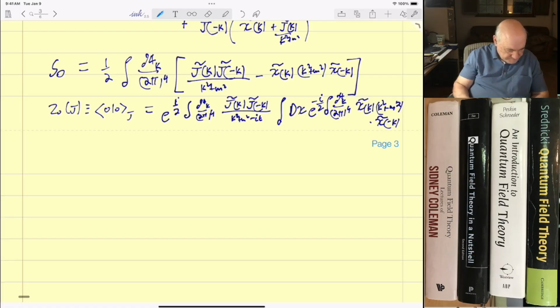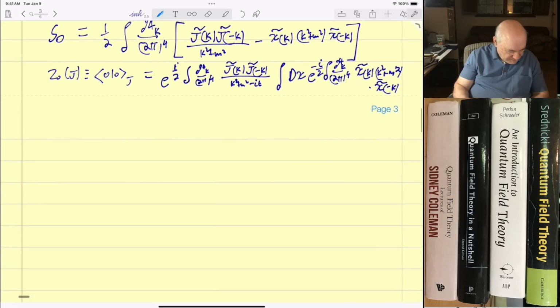Now, as with the harmonic oscillator, Z0 when the source is 0 is equal to the vacuum to vacuum amplitude in the presence of no source. The vacuum just goes to the vacuum, so this has to be equal to 1. And when we put j equals 0, this whole integral is 0, but it's e to the 0, which is 1.